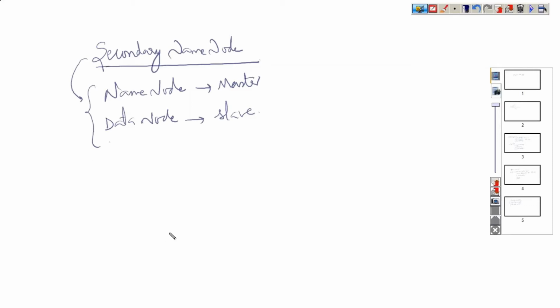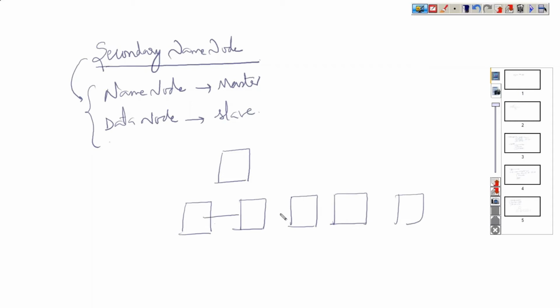When we have some nodes, what type of hardware is required to run data nodes? Is it high-level hardware or commodity hardware?